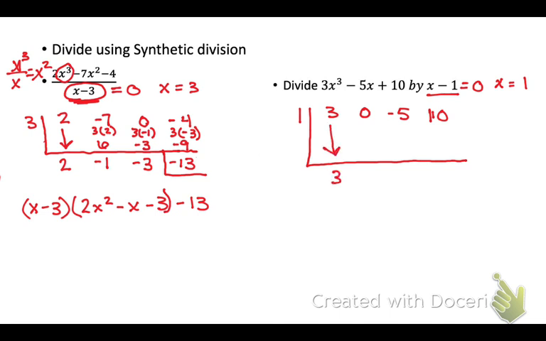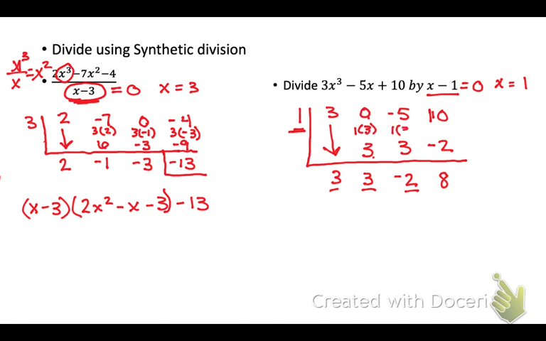Yes. 1 times 3 is 3. 0 and 3 is 3. 1 times 3 is 3. -5 plus 3 is -2. 1 times -2 is -2. 10 plus -2 is 8. And I get 8. How'd you get 3 out of negative? 1 times 3.